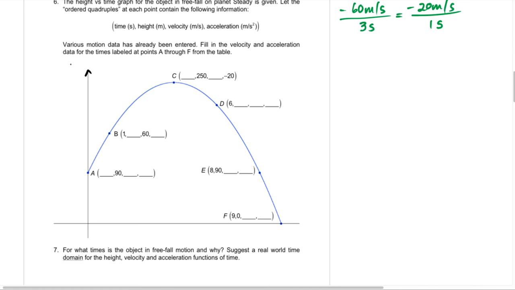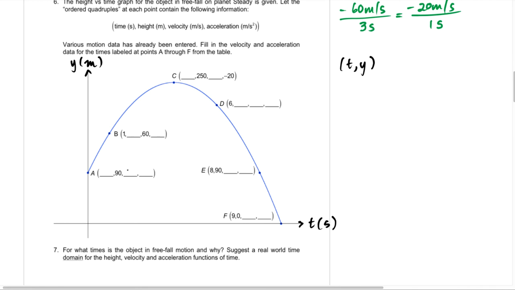So this is actually the y-coordinate axis measured in meters, and this is the time coordinate axis measured in seconds. So we are going to see these ordered quadruples where the ordered pair, time comma y, represents the width and height of the point.